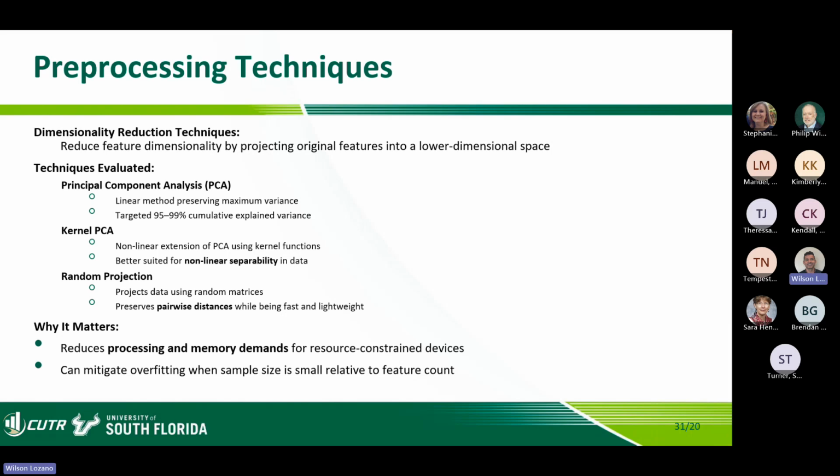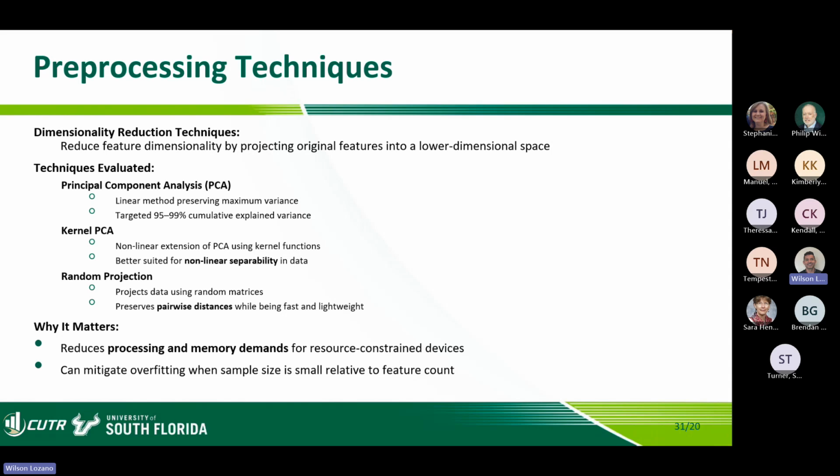The third slide here for preprocessing techniques: dimensionality reduction techniques. We evaluate three: principal component analysis, kernel PCA, and random projection. Different from feature selection, these techniques reduce dimensionality by projecting original features into a lower dimensional space, but that actually changes the feature values. It reduces the dimension, but it changes the values.